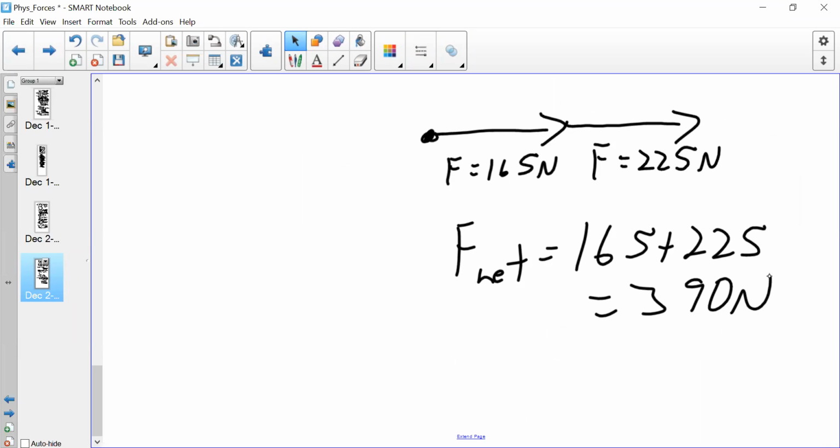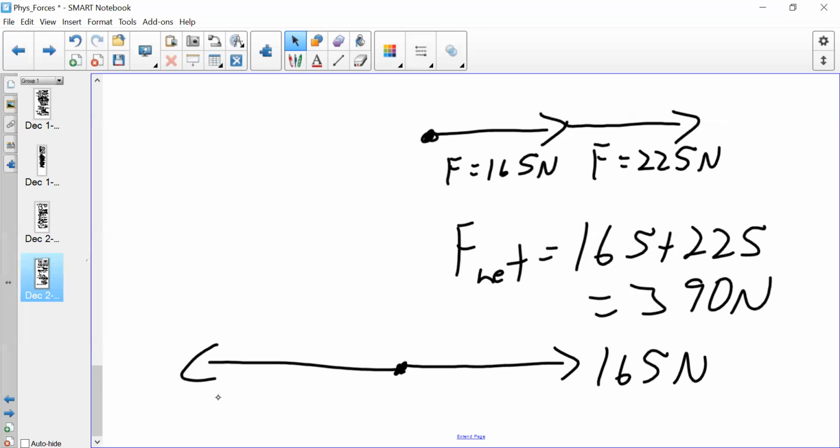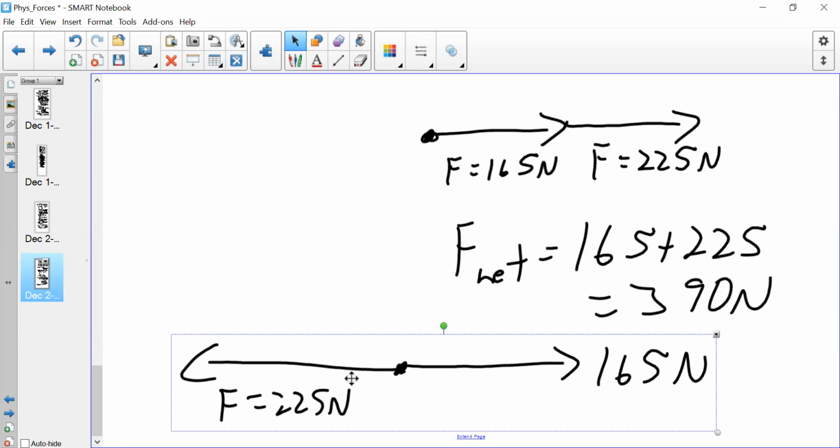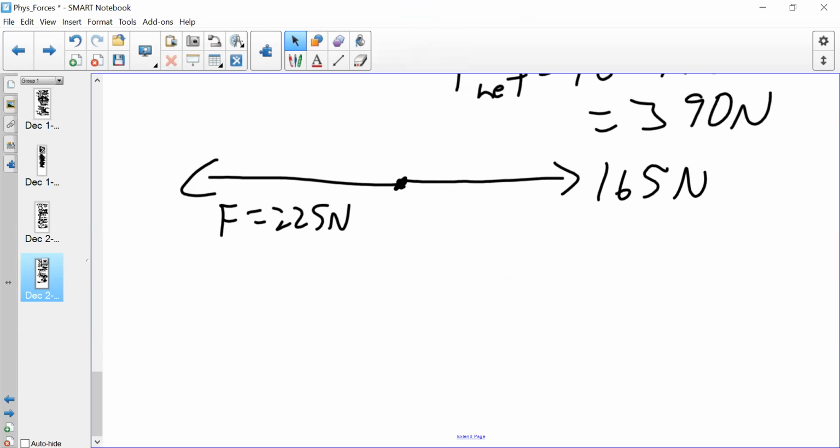Okay, what about if they went in opposite directions? Let's say I did 165 here and then 225 there. What's the net force, and in what direction does this object move?